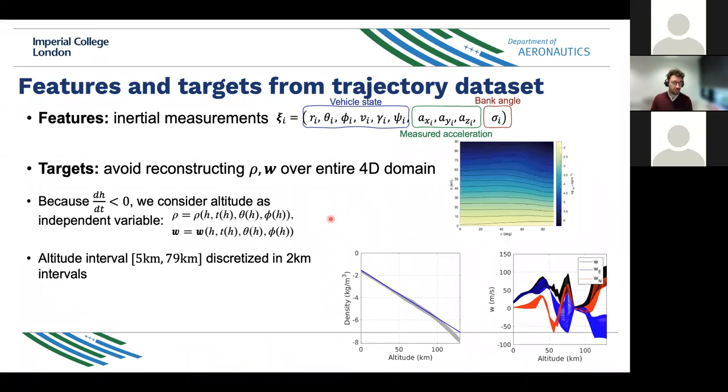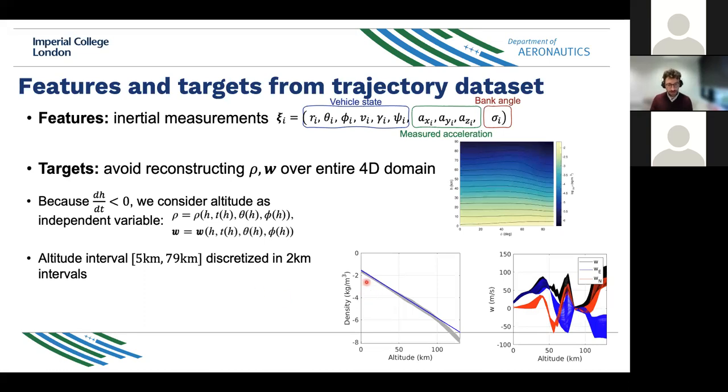So we assume that the density and winds are a function of altitude only, but at the same time, the position and the time are varying across these altitudes. In this way, we manage to catch both time and position-dependent behaviors. And we discretize this altitude interval in 2 kilometer intervals in order to keep things contained.